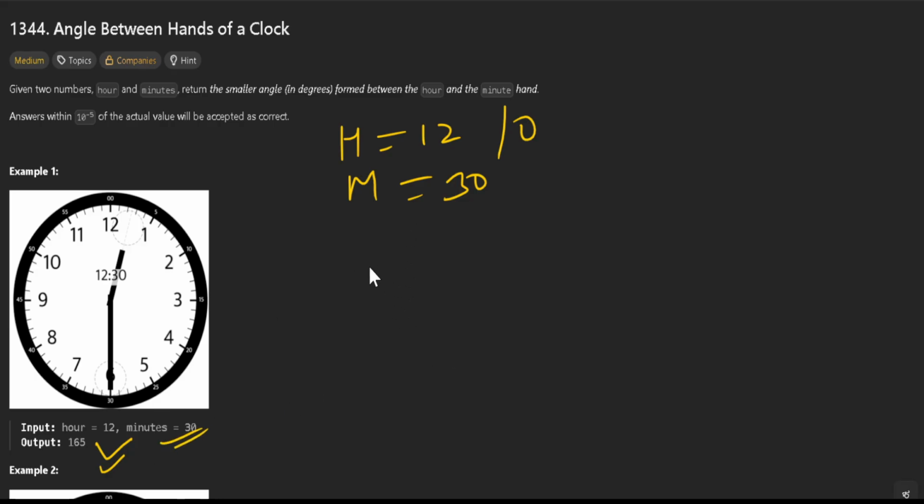So just apply the formula. We have to do 30 into 12 minus 5.5 into 30.